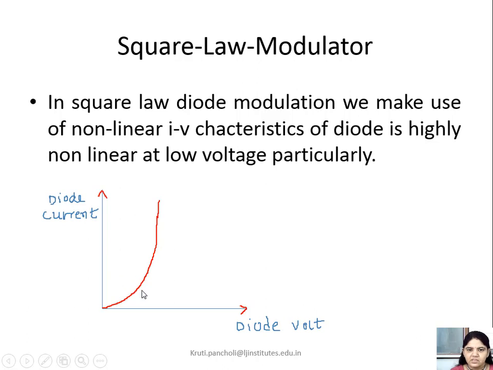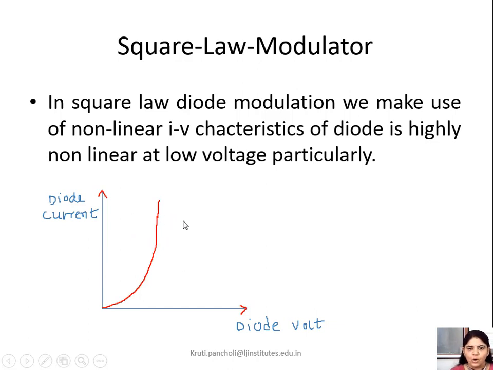In square law diode modulation, we are using the part of the characteristics which provides the nonlinear behavior. In the IV characteristics of the diode, at low voltage the graph is more nonlinear, but as the voltage increases, the current increases and at that time we have linear characteristics.